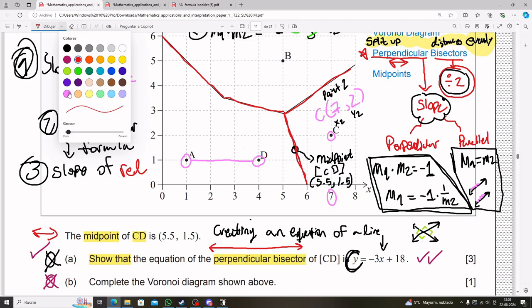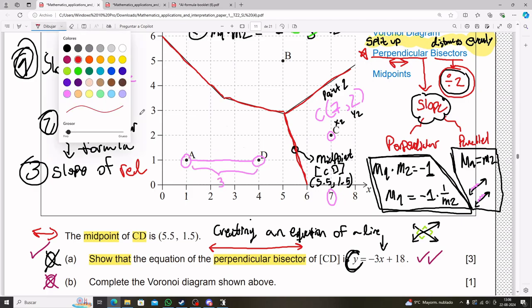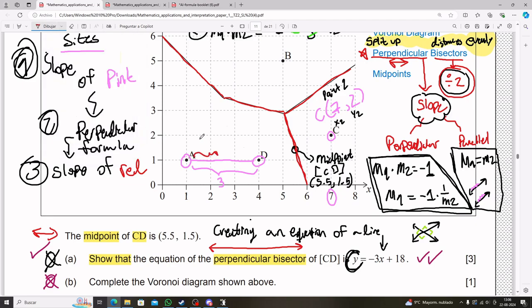So what is the distance that I have in pink? Well, clearly you're going from 1 to 4. So from 1 to 4, you count how many times? 1, 2, 3, you count 3 times. So the distance from A to D is 3. So the perpendicular bisector has to be cutting where we have 1.5 on both.